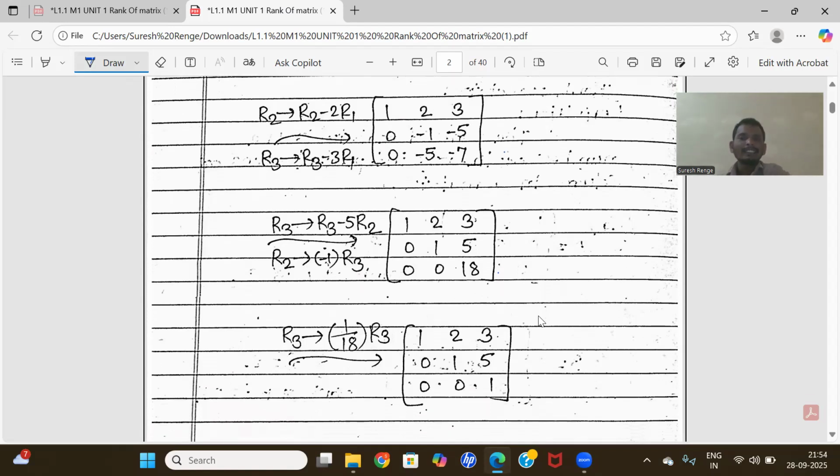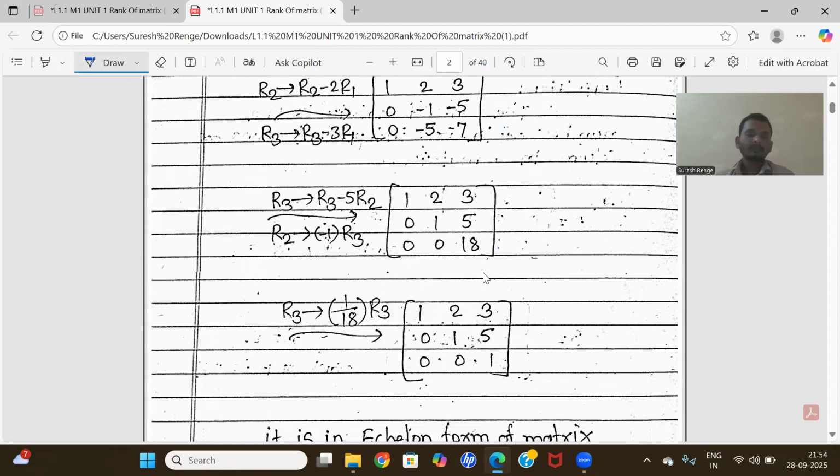Now we are operating the next operation. यही मैट्रिक्स जो है ऊपर वही echelon form में है. If you want to convert a matrix into echelon form, there is no need to convert the leading element into 1. That leading element should be a non-zero element. Now we are operating this operation: change in R3, multiply R3 by 1 by 18.